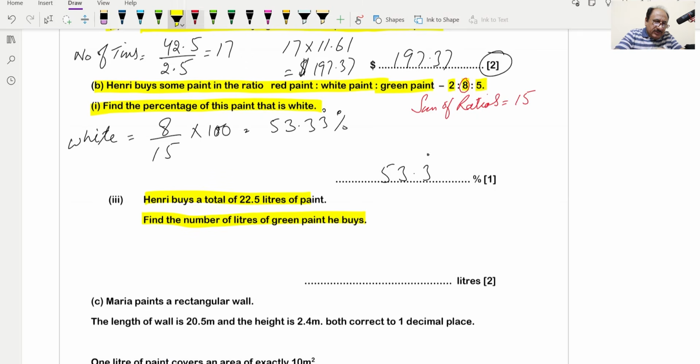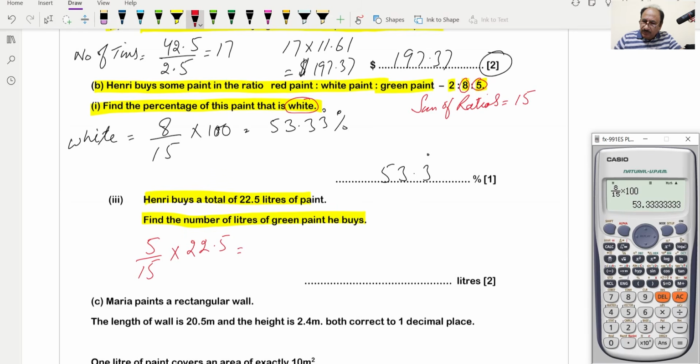The green paint will be 5 out of 15, and he bought 22.5 liters. So 5 out of 15 multiplied by 22.5 will be 7.5 liters.